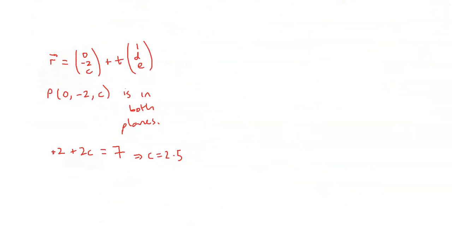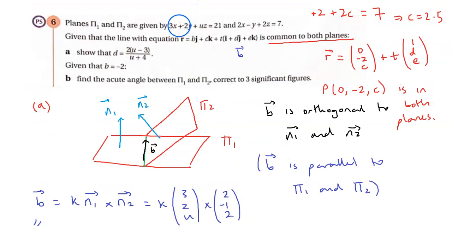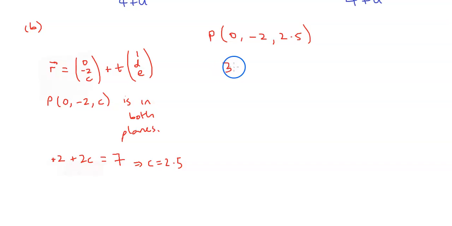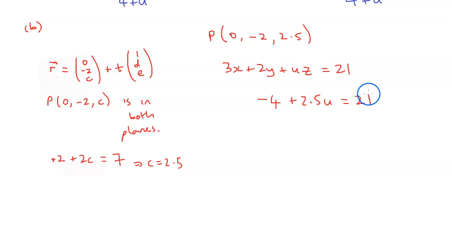After moving this working down to where it should be, we have that c is equal to 2.5, and that means we can find u, because the point P with coordinates (0, -2, 2.5) is in both planes. So it should obey the equation of pi1, which is 3x plus 2y plus uz equals 21. Subbing these points in, we have 2 times -2 is -4, plus 2.5u is equal to 21.